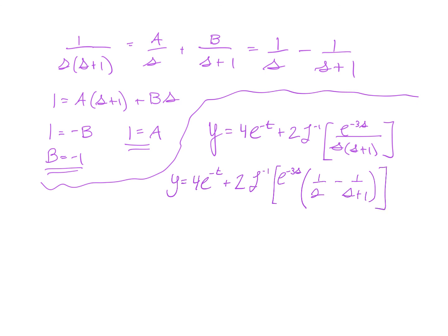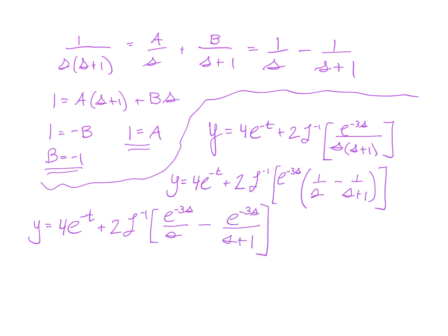And then distribute that negative 3s into those two fractions, and we have y equals 4e to the negative t plus 2 times the inverse Laplace of e to the negative 3s over s minus e to the negative 3s over s plus 1. And then I can take the inverse Laplace of these two terms separately. These are both forms that you can find in the table of Laplace transforms that we know.